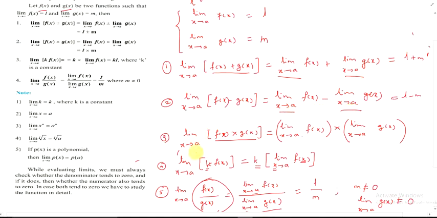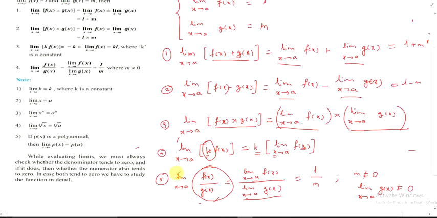In multiplication again, in some situations after separation only we can find the limit of the function. And this is very important: the constant can be taken outside the limit of the function, that is equal to k into the limit as x tends to a of f(x), whatever that constant be. If it does not contain x, then it should be considered a constant only, whatever it may be. Remember this one.